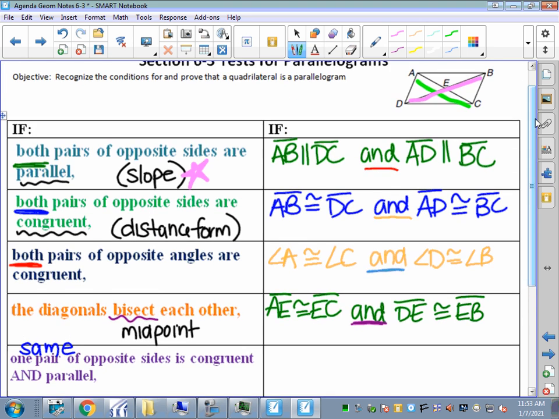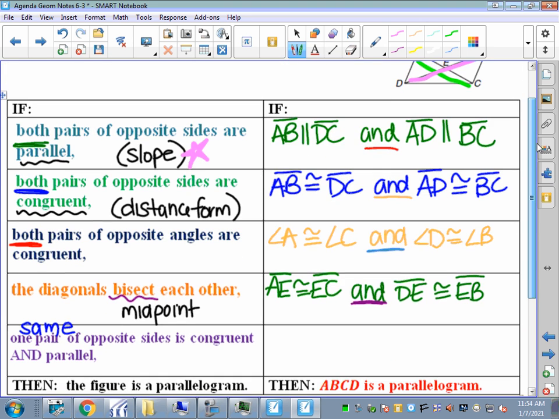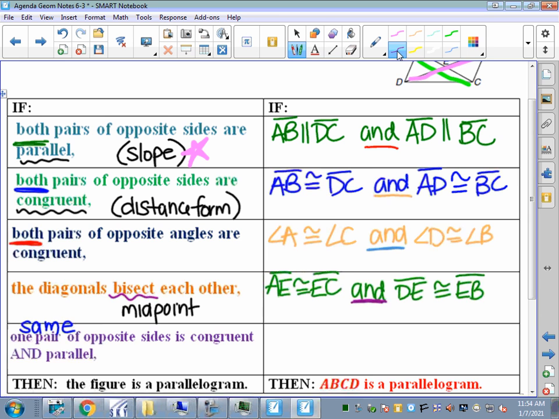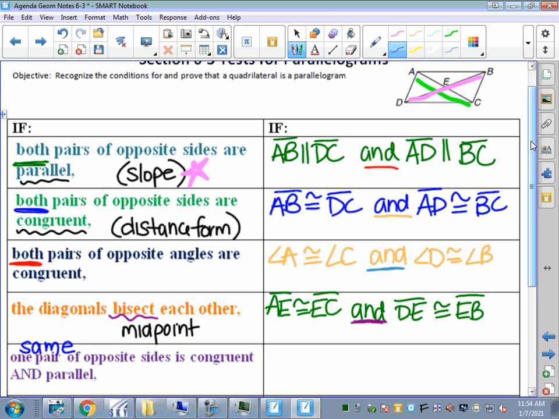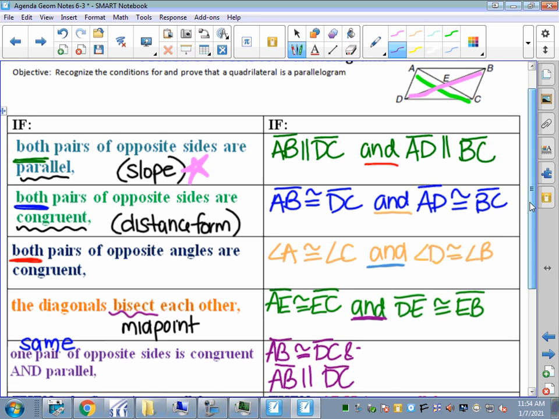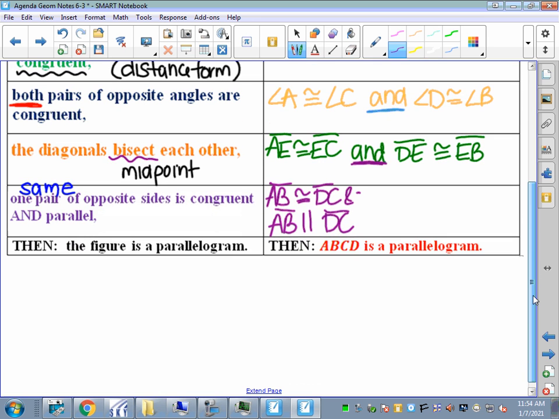So I could say something like side AB is congruent to DC and AB is parallel to DC. So the one pair is opposite and congruent. If that happens, then it is a parallelogram.